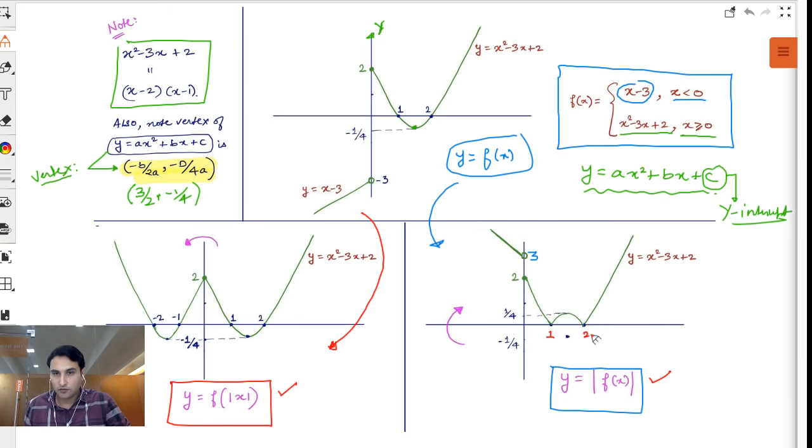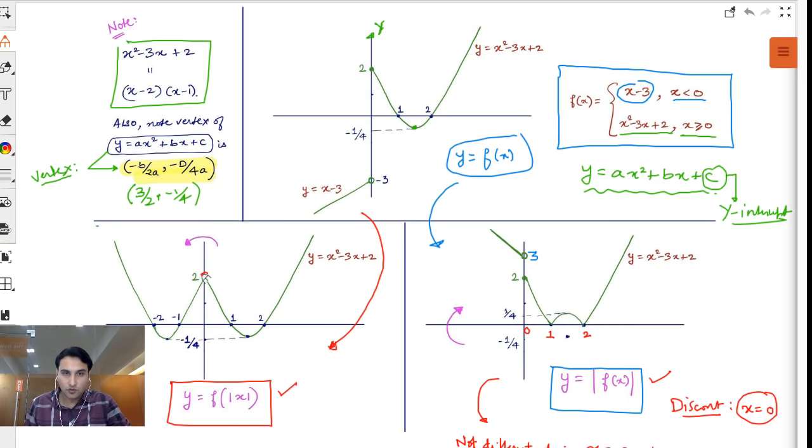At 1 and 2 because you see a sharp corner, and at 0 because you see a discontinuity. So I see not differentiable at x is equal to 0, 1 and 2, and I see discontinuous at x is equal to 0. Look at this one.